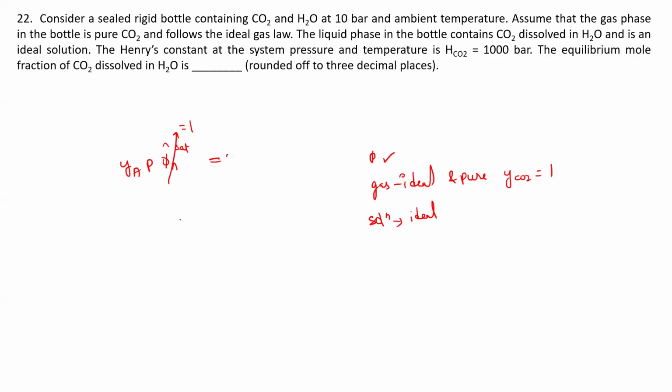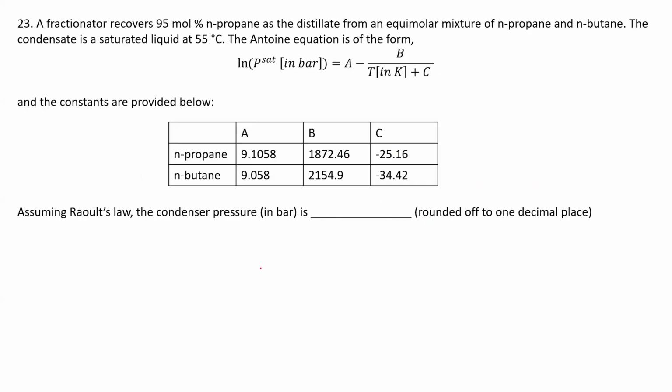So XA equals YA P by HA, equals 1 into 10, P is equal to 10, by HA, HA is given as 1000. So equals 0.01. Right. Next question.